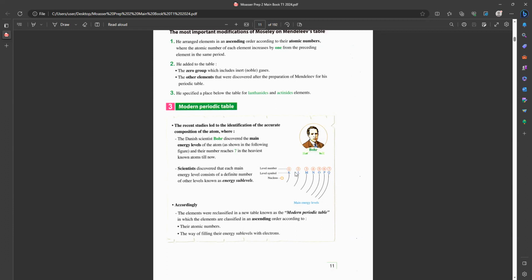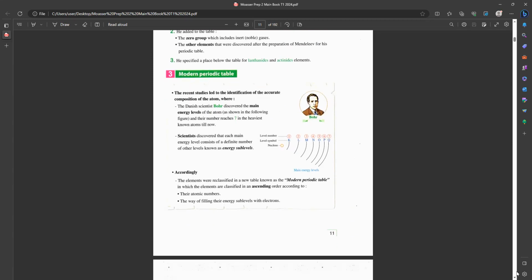So Bohr discovered the 7 main energy levels, and the scientists after him discovered that for each main energy level there are sub-energy levels: sub-energy levels for K, for L, for M. These sub-energy levels are inside each main energy level.